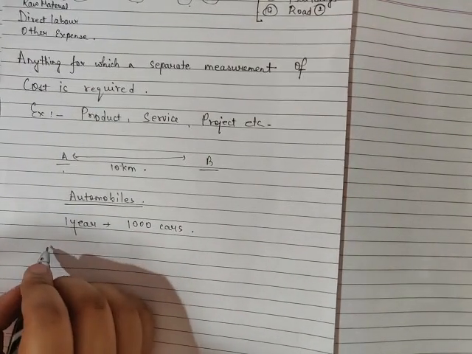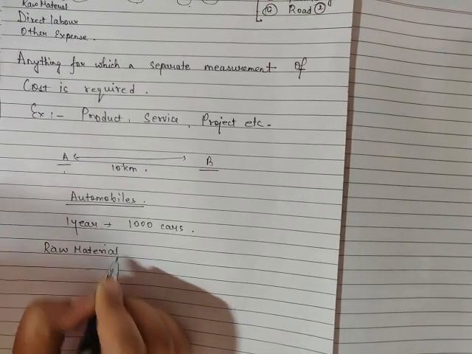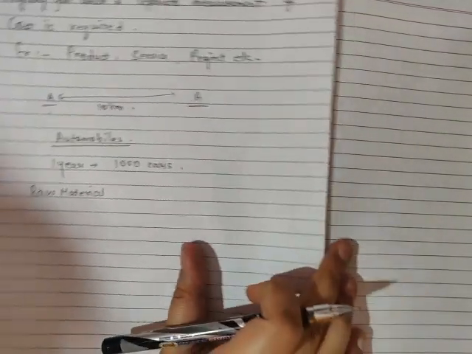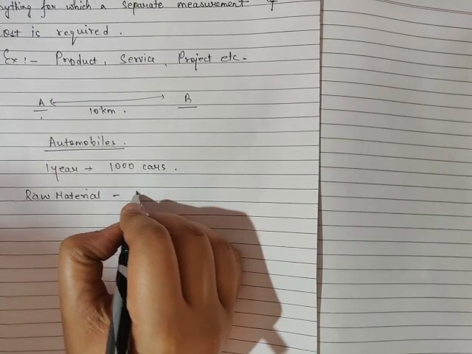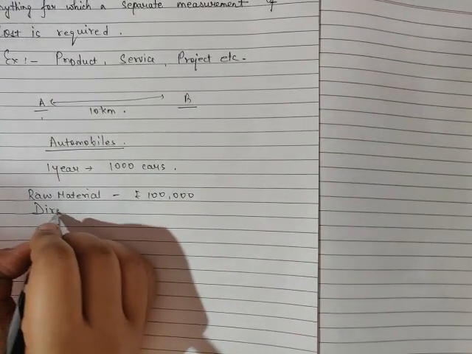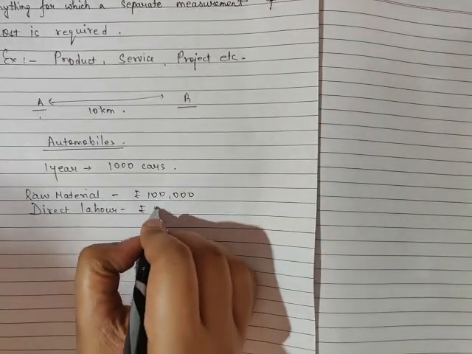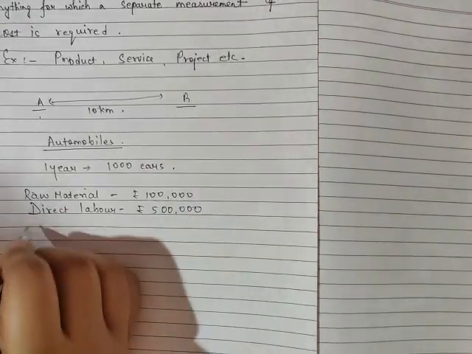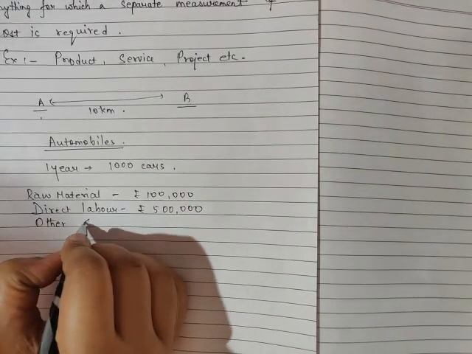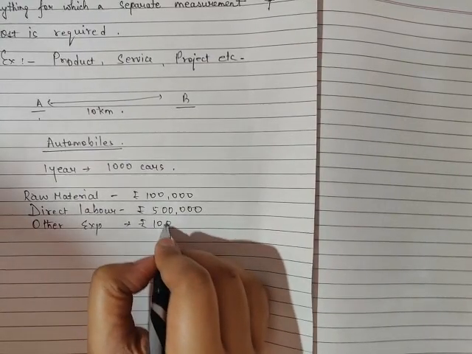Suppose total raw material cost 1,000 cars produce करने में was say rupees 1 lakh. Direct labor charges was say rupees 5 lakh, and other direct expenses is say 10 lakh.